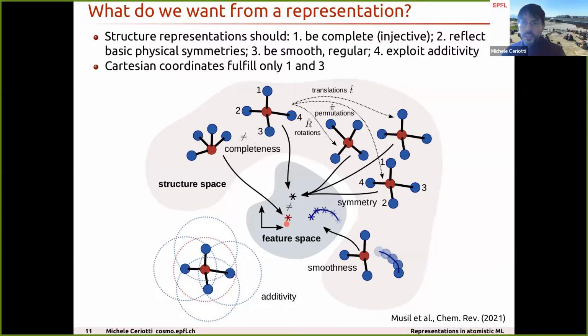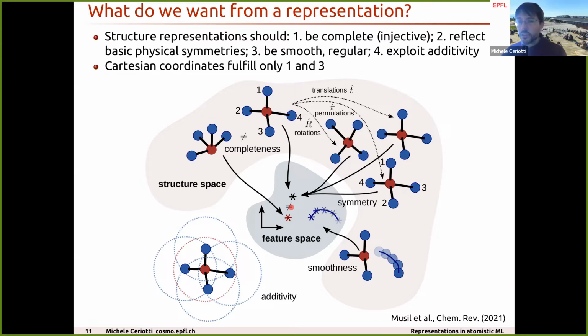Now, as we shall see, this is not so obvious if at the same time you ask for your mapping to be symmetric, meaning that if two molecules are the same and they are related just by some trivial rigid translation or rotation or changing permutation of the labels that we associate with the atoms, then these should be mapped to the same point in feature space.